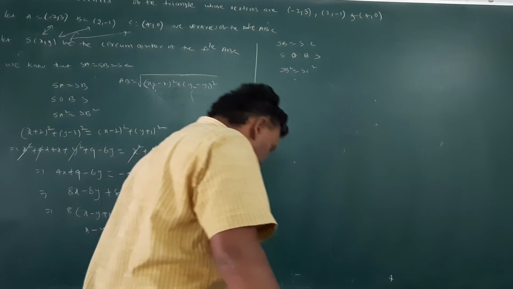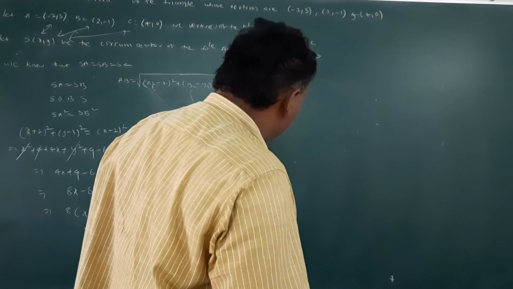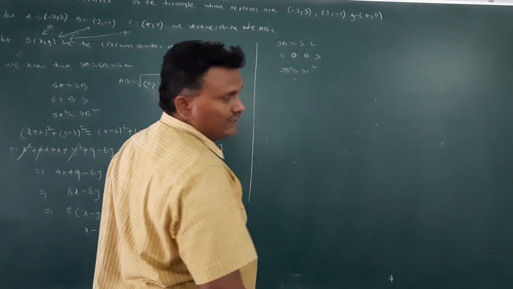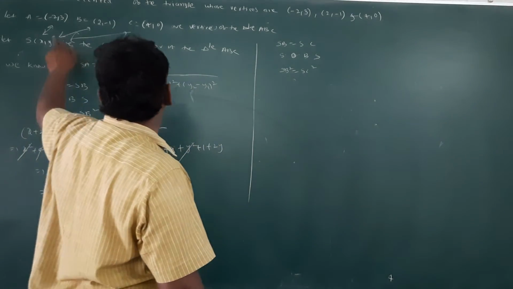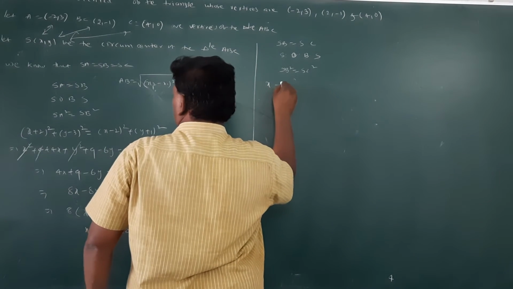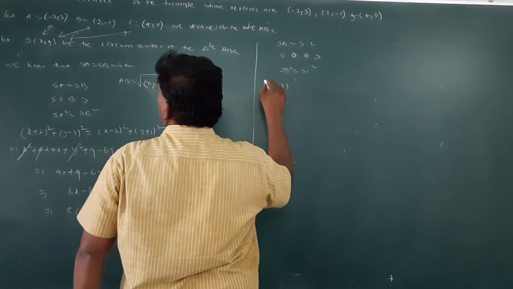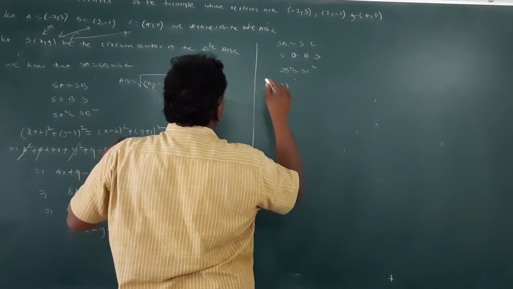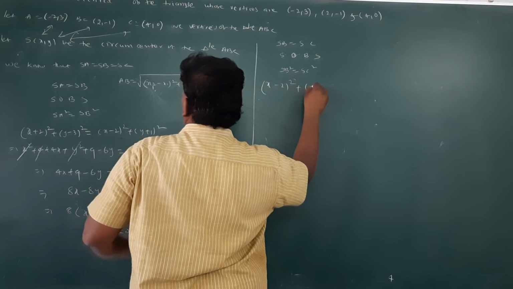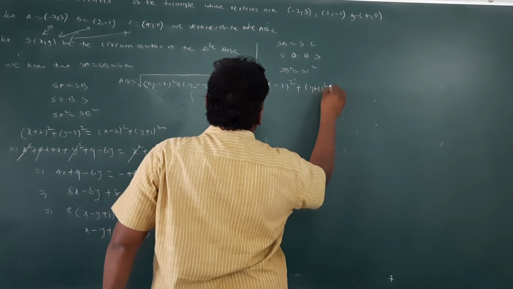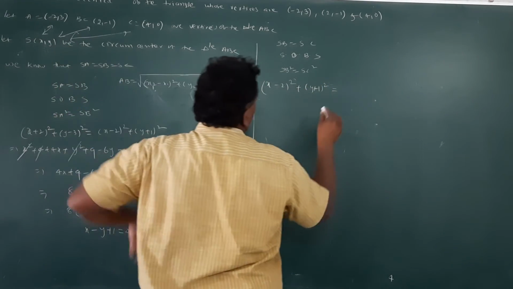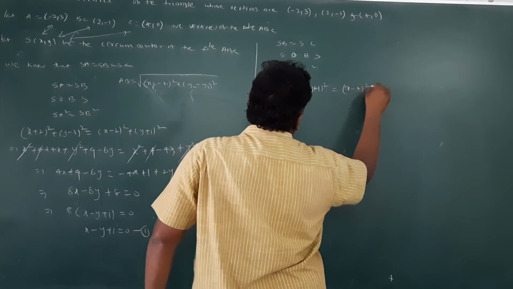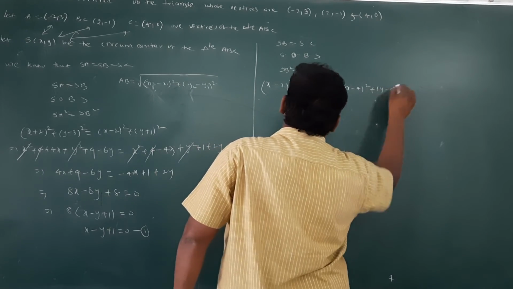Next, SB is equal to SC. SB is the distance between S and B. Squaring on both sides, the square root cancels: (x minus 2) whole square plus (y plus 1) whole square is equal to SC: (x minus 4) whole square plus (y minus 0) whole square.